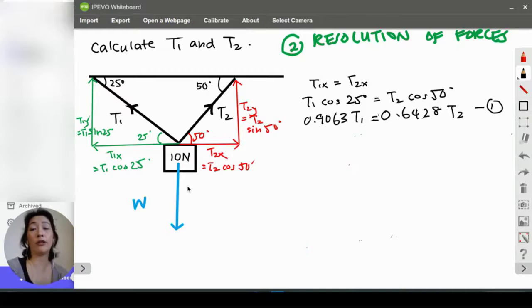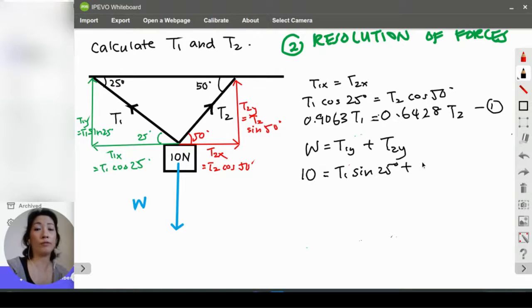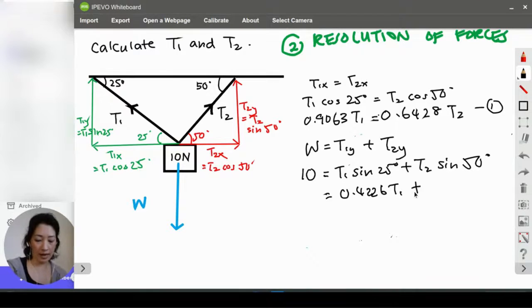And then we also make the vertical values balance, which means that the weight going down is equal to T1y going up as well as T2y going up. We know that weight is 10, T1y is T1 sine 25, and T2y is T2 sine 50. Solve for sine 25 and sine 50 because these are known values. So you'd have 0.4226 T1 and 0.766 T2.